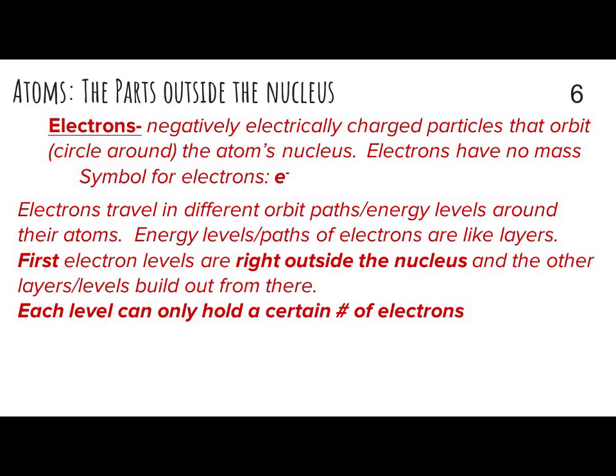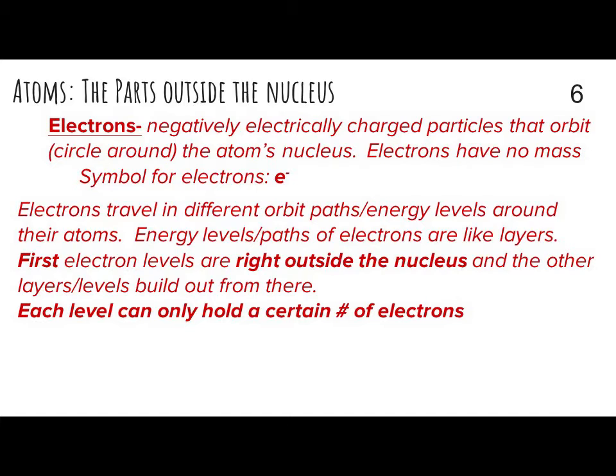Let's move forward. Once again, we're going to talk about electrons, which are negatively electrically charged particles that orbit or circle around the atom's nucleus. The electrons have no mass, and their symbol is a small e with that negative sign.